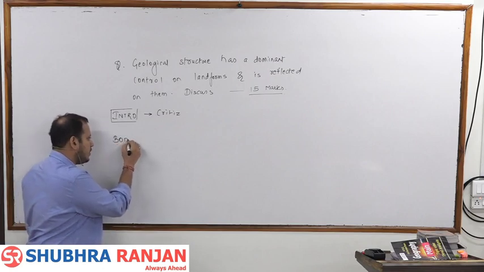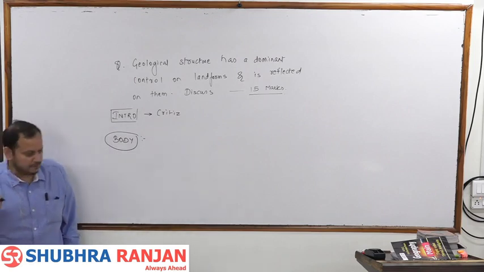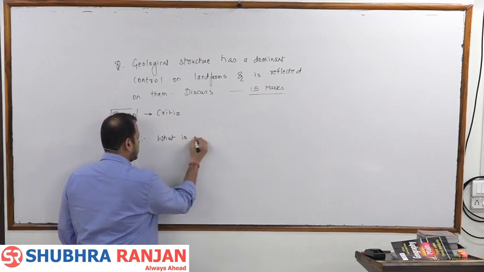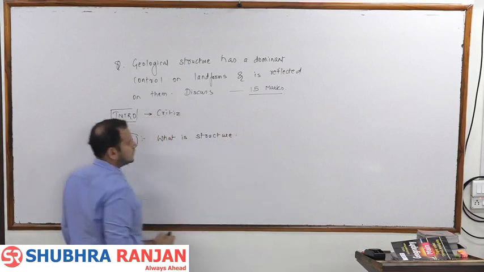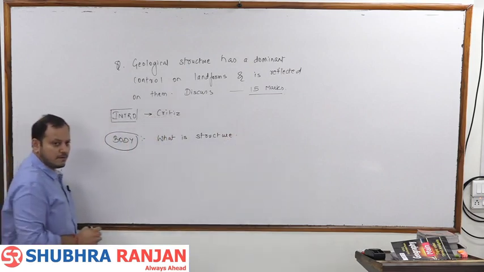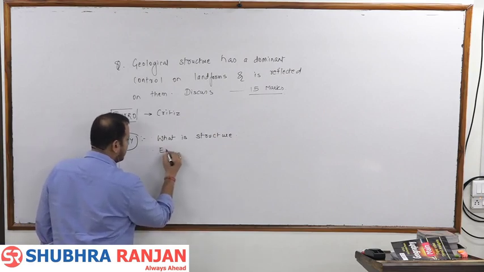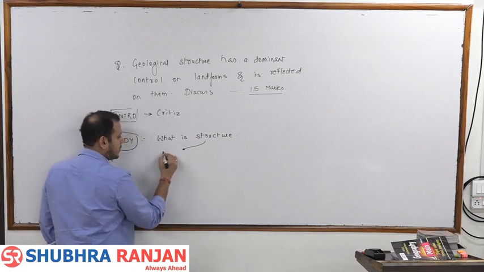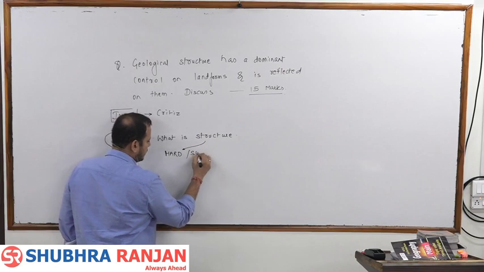So in the body, what will be your approach? You have to define first what is structure. Then you will have to give the examples. Once you tell the structure, it will automatically come in. There are two types of rocks. One is the hard rock and the other is the soft rock.